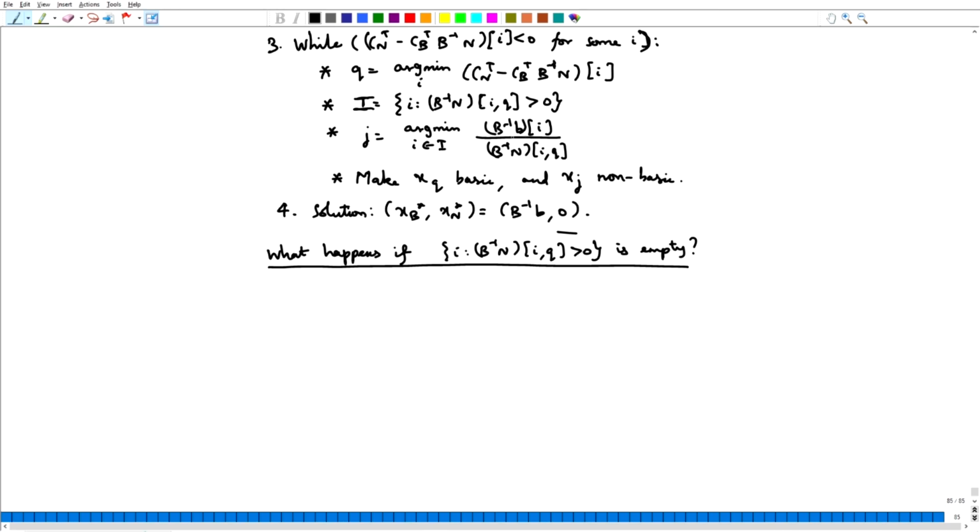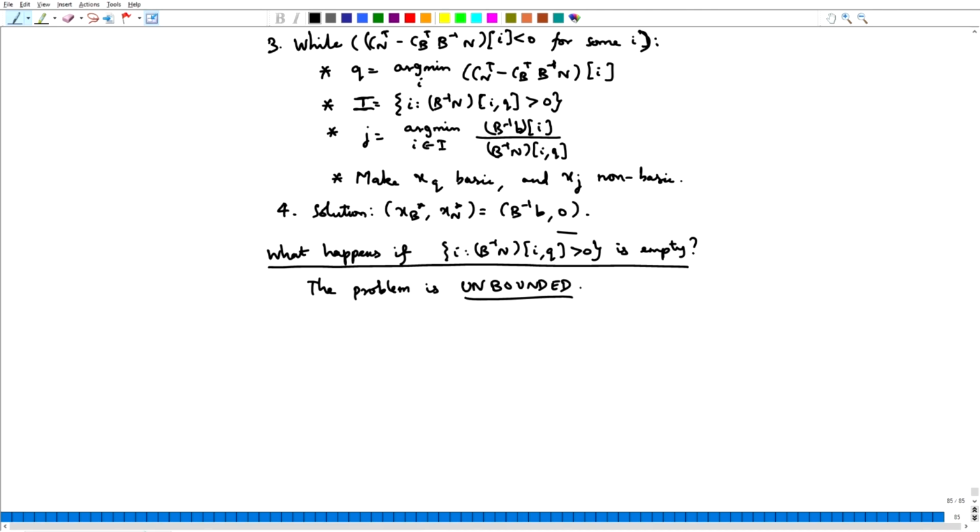So, what does arg min B inverse B of I, B inverse of I q mean? Actually, I claim that in that case the problem is unbounded. Okay.